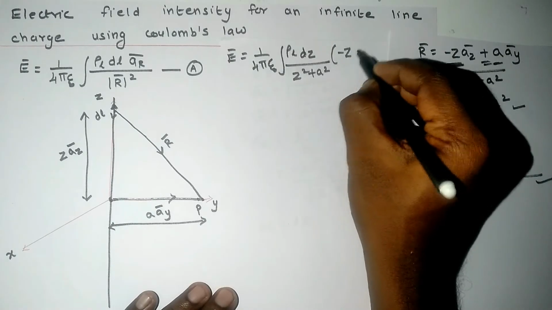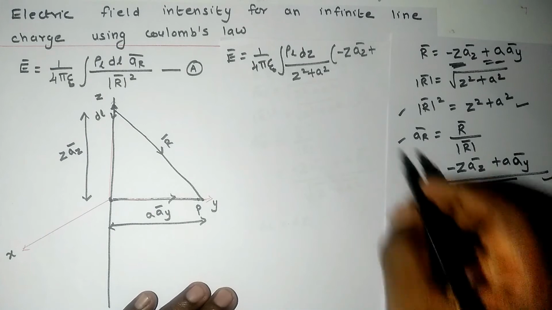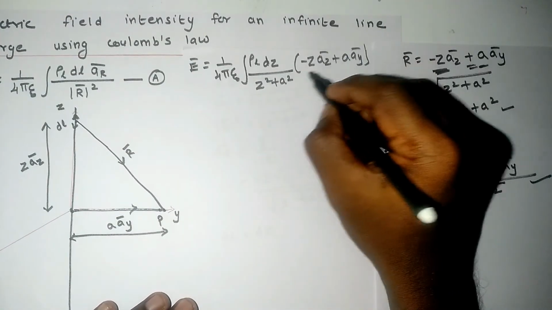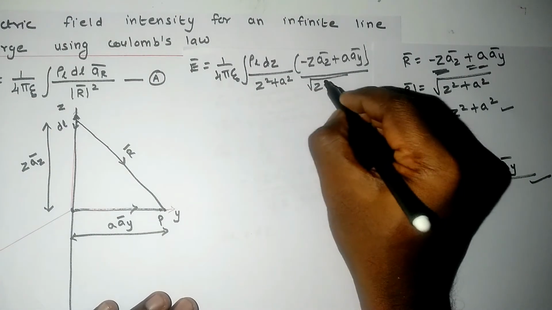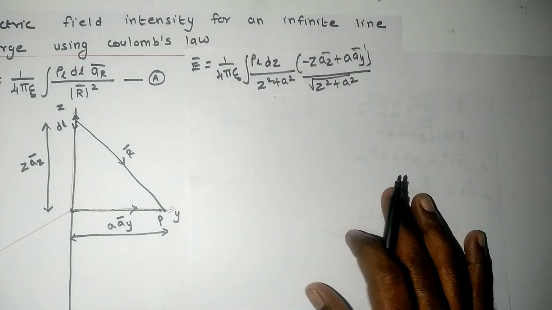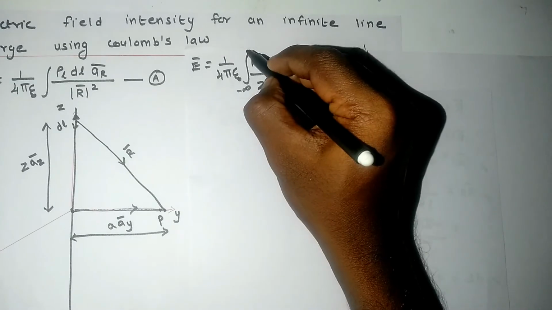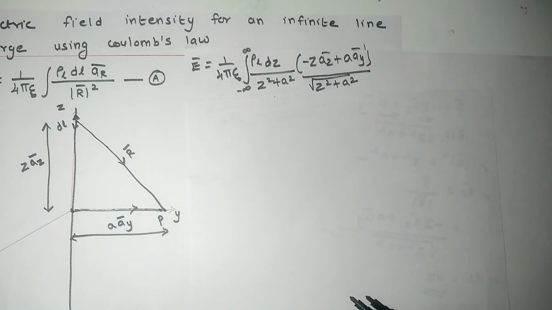So minus z az plus a ay divided by root of z square plus a square. Now the limits for this term will be from minus infinity to plus infinity, as we have considered an infinite line charge. After reaching this step, we have to look for symmetricity.